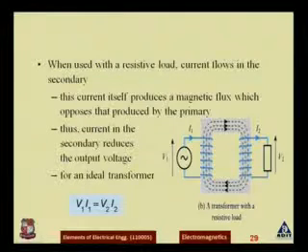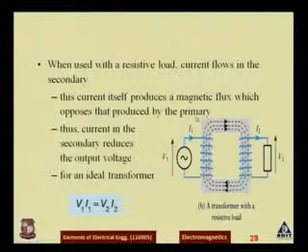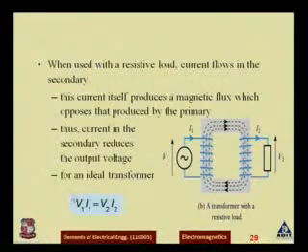For an ideal transformer, we can say V1 I1 is equal to V2 into I2. But as the coupling coefficient is only 1 in the ideal transformer, in other cases we will not get the relation V1 I1 equal to V2 I2. But in the case of a transformer with a resistive load, this relation is generally achieved.